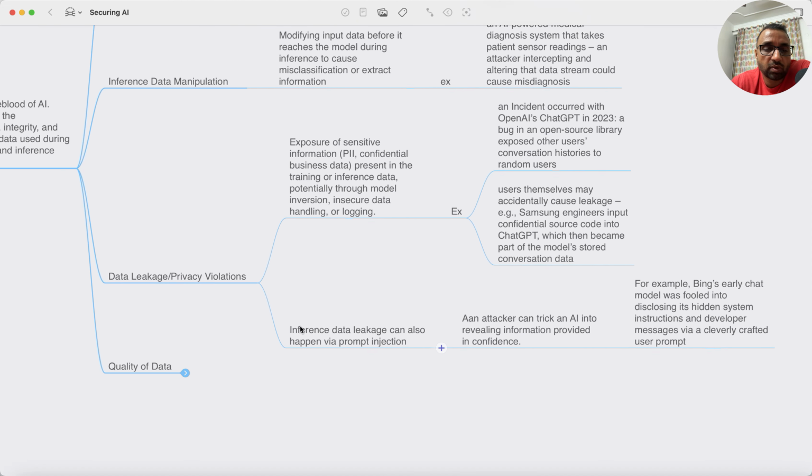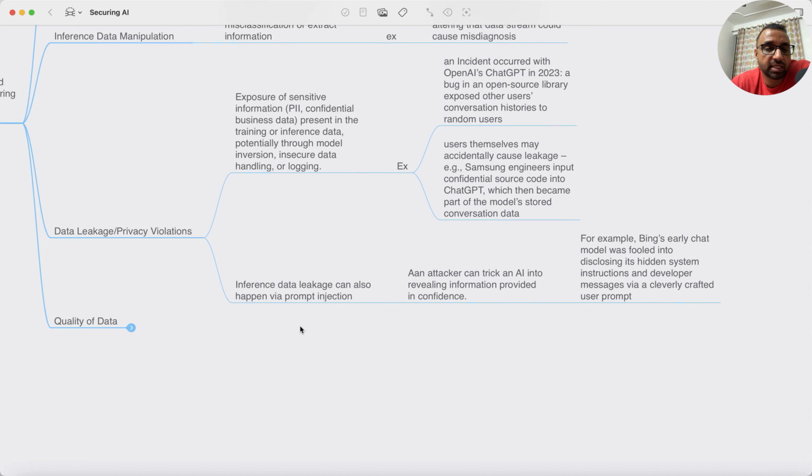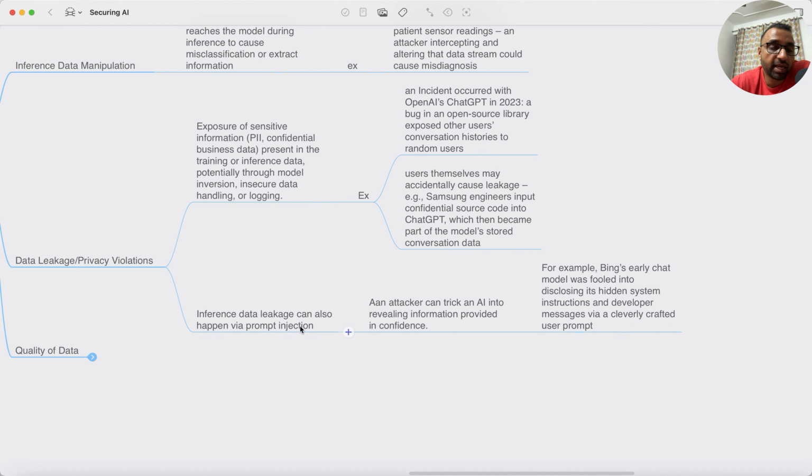Another thing: inference data leakage can also happen via prompt injection, so an attacker can trick an AI into revealing information provided in confidence. Some of you might remember Bing's early chat model was fooled into disclosing its system instructions and developer messages via a cleverly crafted user prompt.